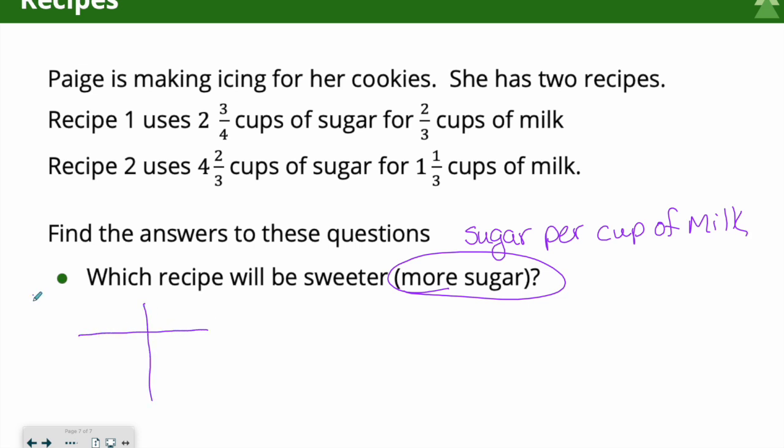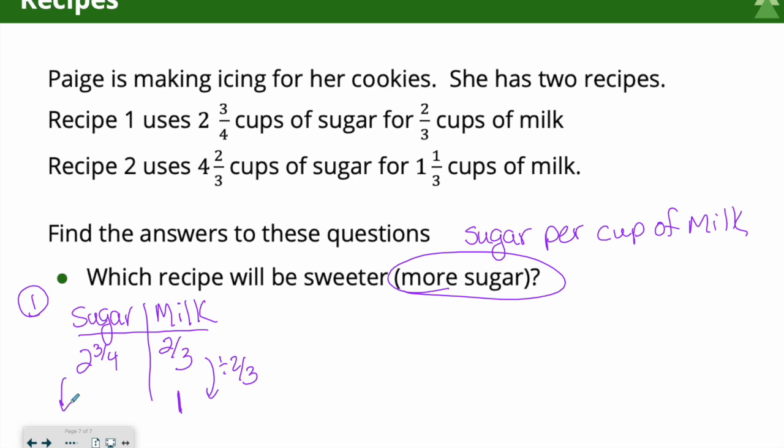So recipe 1, if I compare sugar and milk, 2 3/4, and we have 2/3 cup of milk. I want to divide by 2/3 or multiply by 3/2. So 2 3/4 is 11/4.